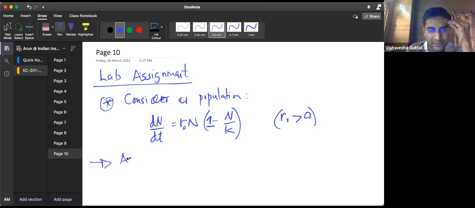Assume that there is another population, okay, who we call, there are many different names one can give. Let's call them harvesters.